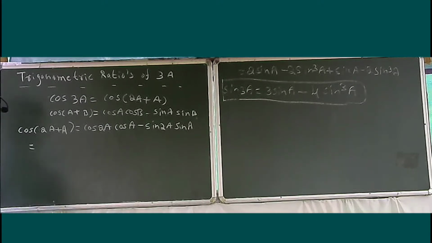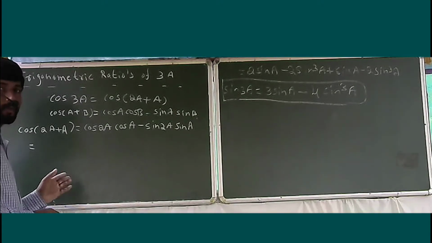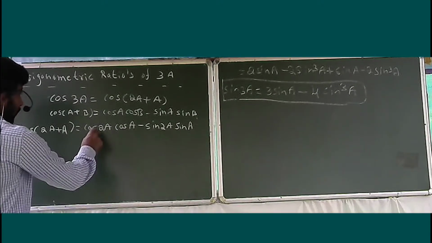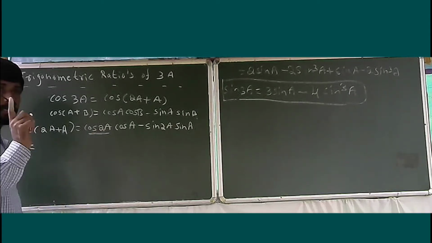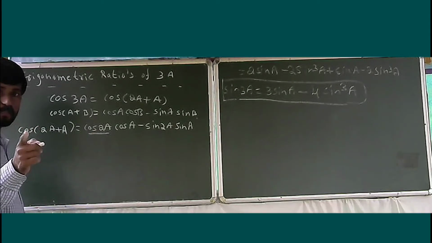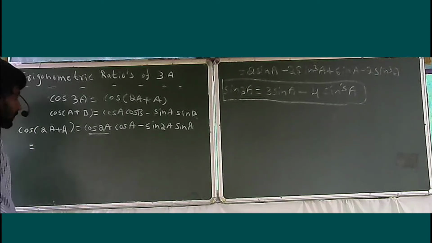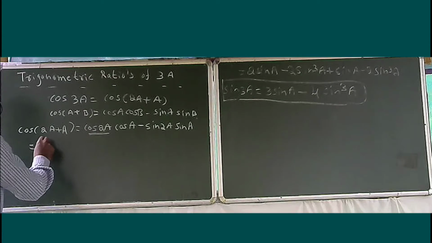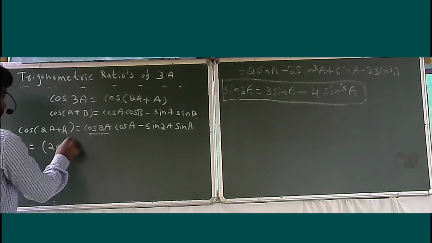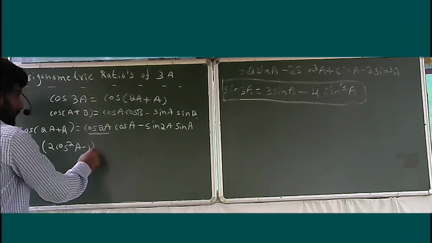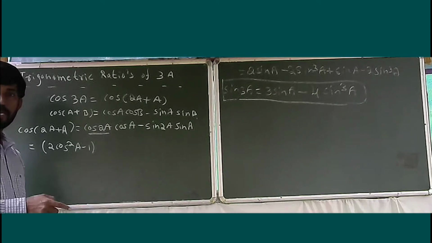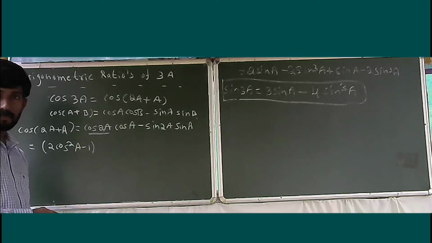Okay. It's equal to, here see you are finding formula for cos 3a. Cos 2a is there. Out of the three formulas, apply the formula which contains only cos. Cos 2a, you can write it as 2 cos square a minus 1. See other two formulas, cos square a minus sin square a is there.